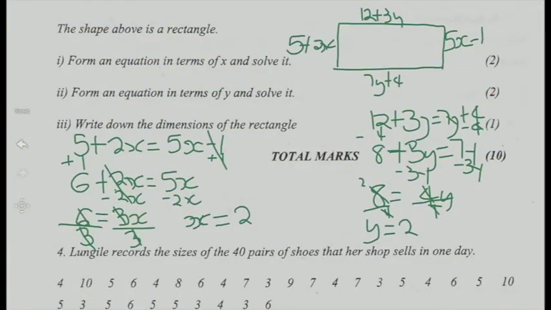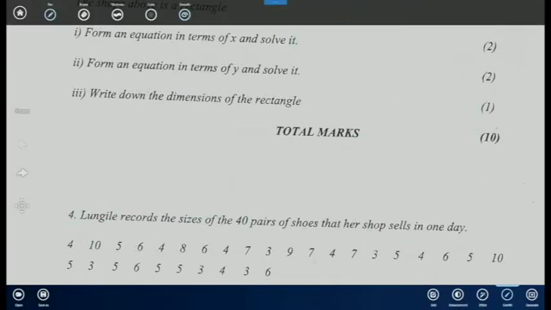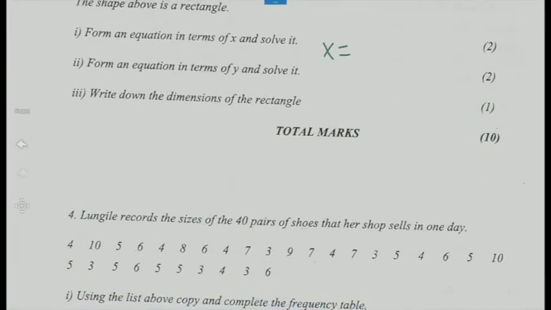Write down the dimensions of the rectangle. Now the dimensions, meaning that we have to substitute for x and substitute for y. We can pick any side. So remember that we have x as 2 and y as 2.